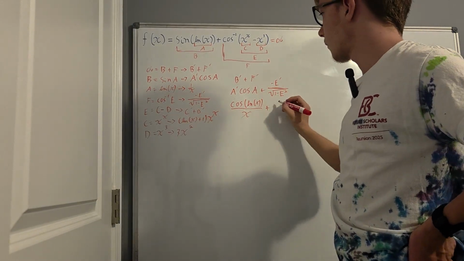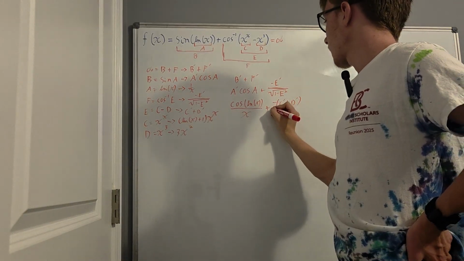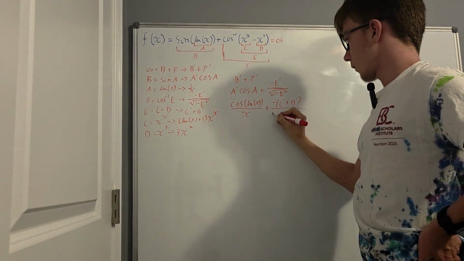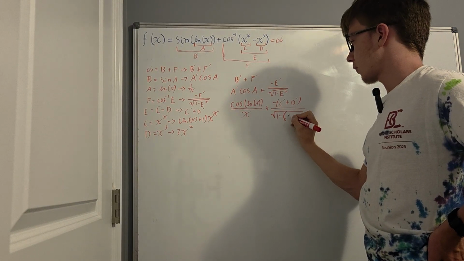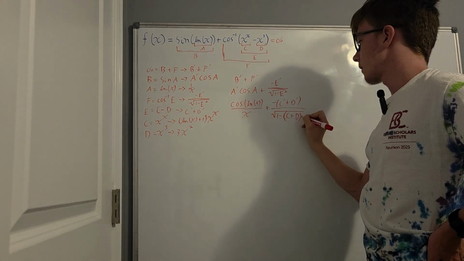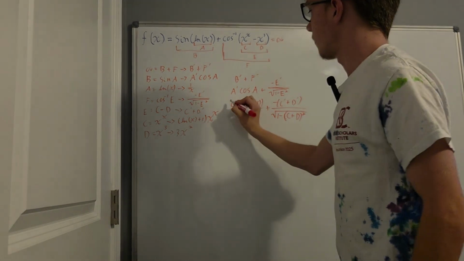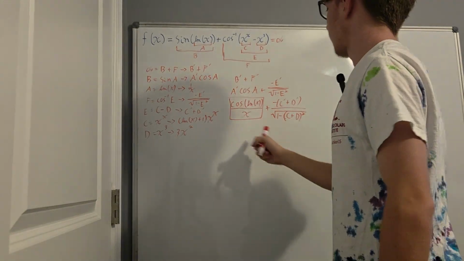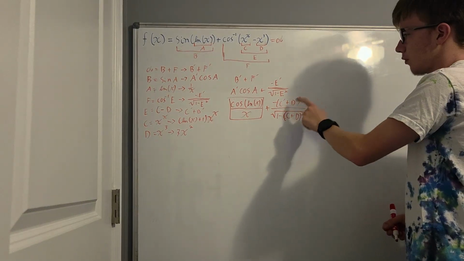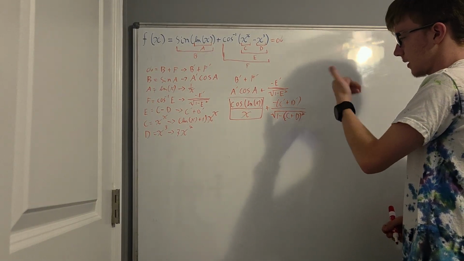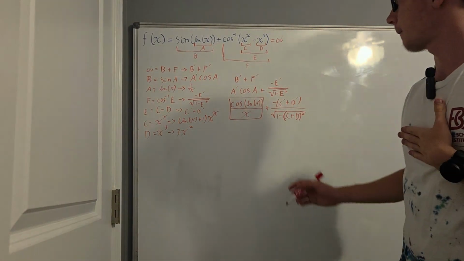E prime is negative c prime plus d prime over the square root of 1 minus, in parentheses, c plus d squared. I'll remember this is here and plug that back in later. So we'll just plug in c and d, and also c prime and d prime.